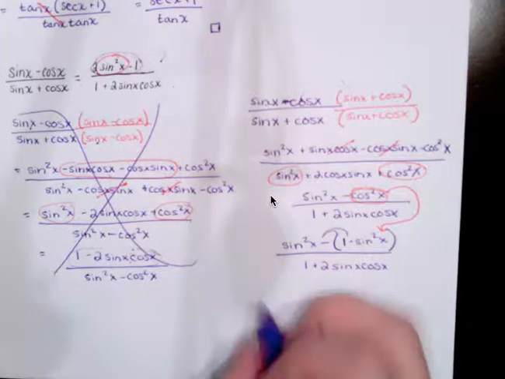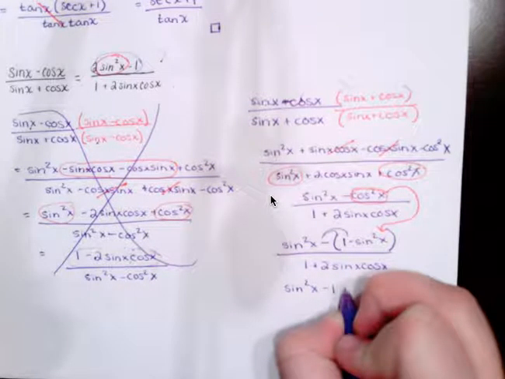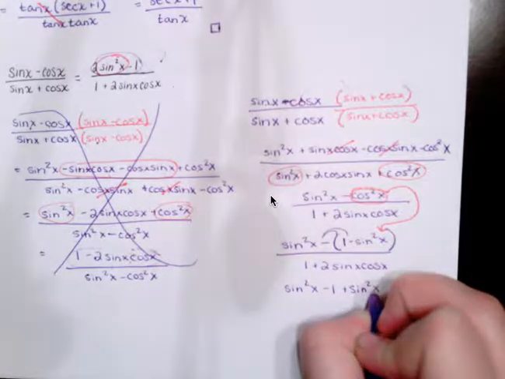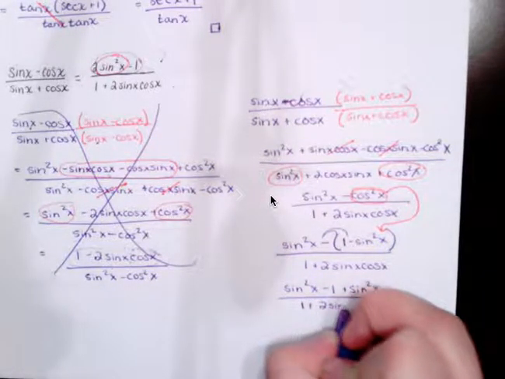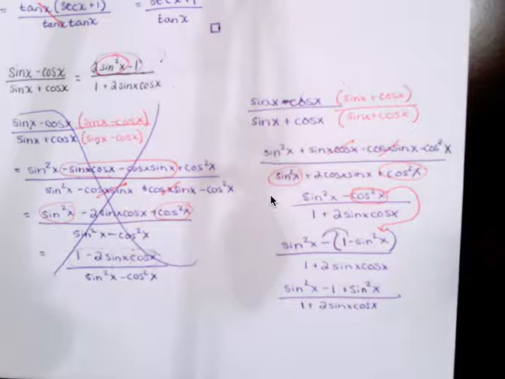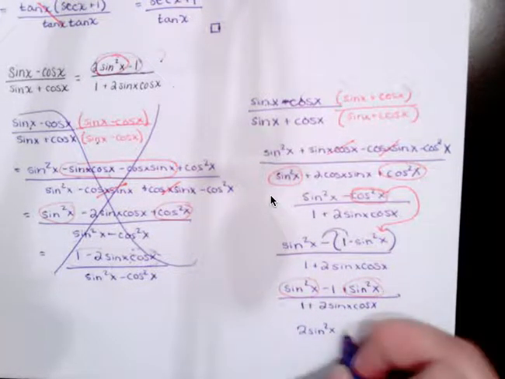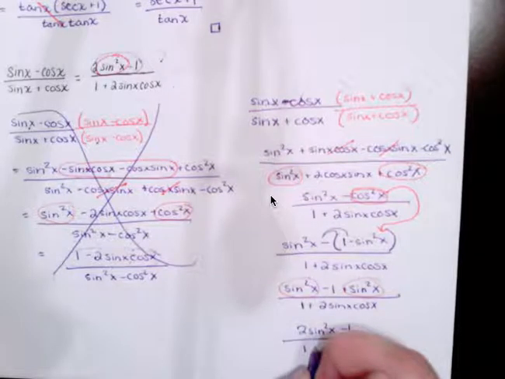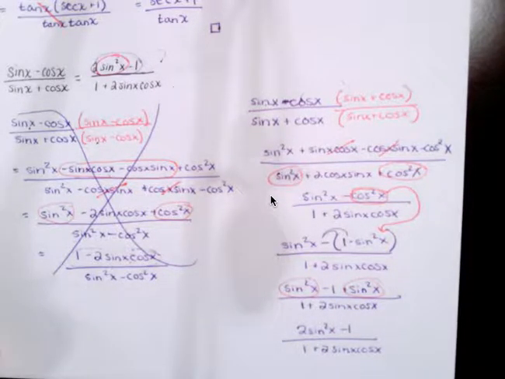I get sine squared x minus 1 plus sine squared x over all my bottom again. All right, like terms, I have a sine squared plus a sine squared. That's 2 sine squared x minus 1 over 1 plus 2 sine x cosine x. And we are done. We finally got it to where we wanted.